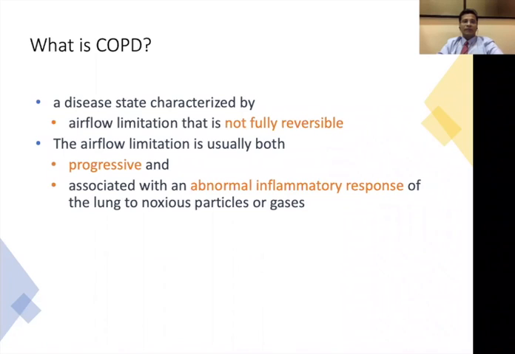So the keywords here: COPD is characterized by airflow limitation that is not fully reversible, usually progressive, and associated with an abnormal inflammatory response, usually to tobacco smoking. So tobacco smoking is the number one cause, or etiological agent, in the causation of COPD.